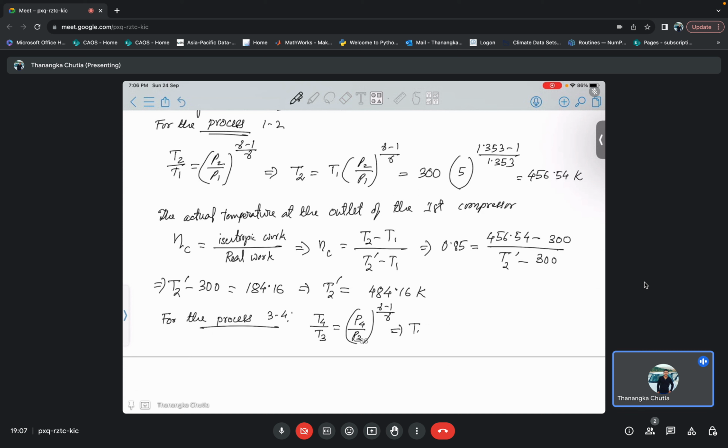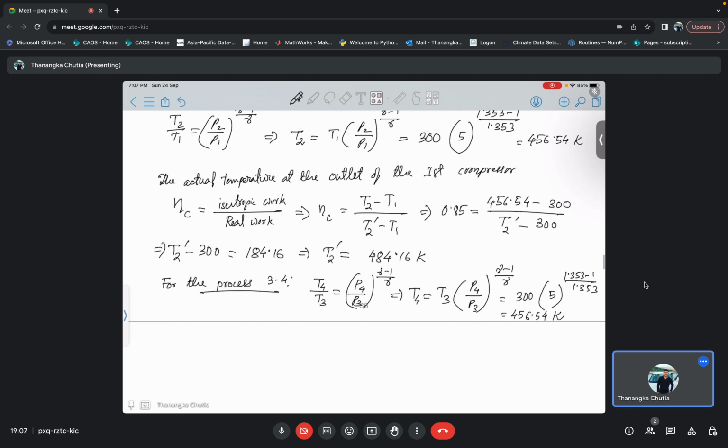So from here T4 is equal to T3 into P4 by P3 to the power gamma minus 1 divided by gamma. Once again this T3 is the same. If you put all these values, T3 is 300 into 5 to the power 1.353 minus 1 divided by 1.353. You will get 456.54 Kelvin.